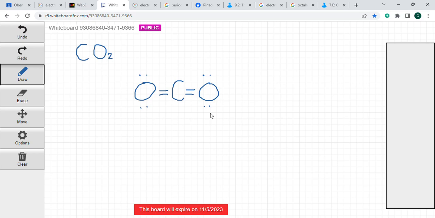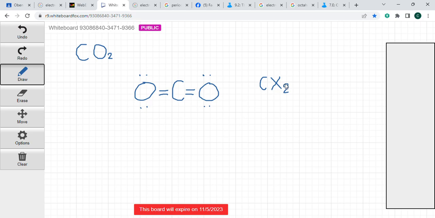Now, using VSEPR, we can determine the notation or designation of carbon dioxide. Here's the designation: C, X. We can see that the number of bonding pairs is 2, so we write 2 there.